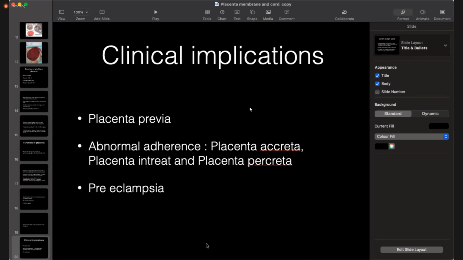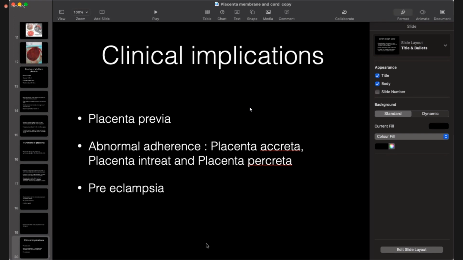It will further cause bleeding, and sometimes they will end up in hysterectomy, removal of the womb. These kinds of patients can end up in bleeding and obstetric hysterectomies. That is called abnormal adherence. Placenta accreta, and something called placenta increta or placenta percreta. You will learn these things later.